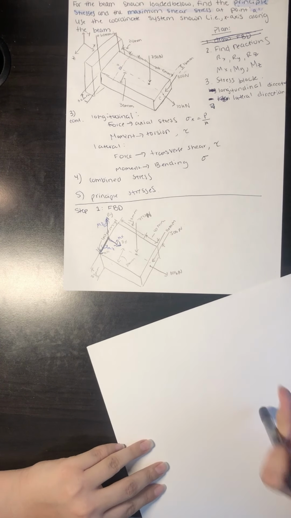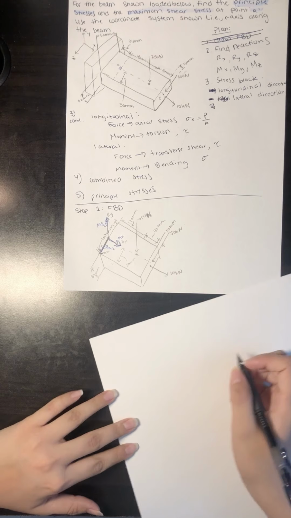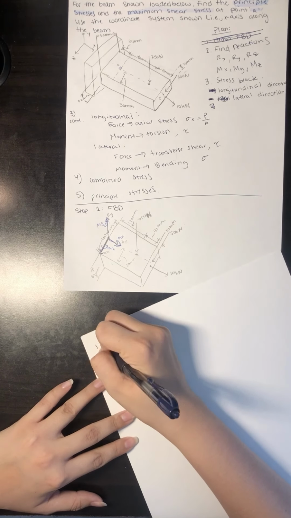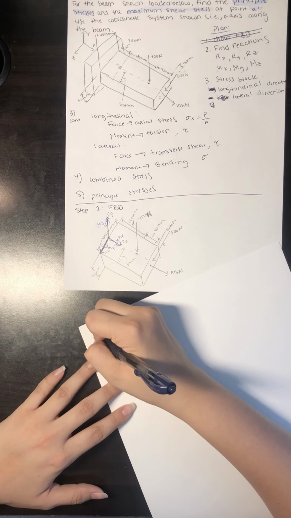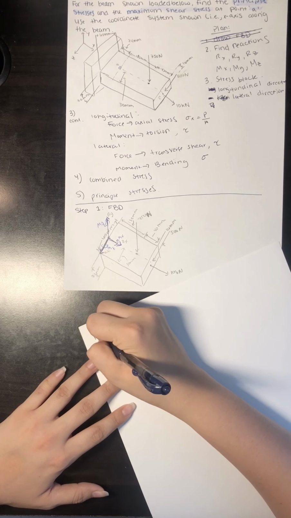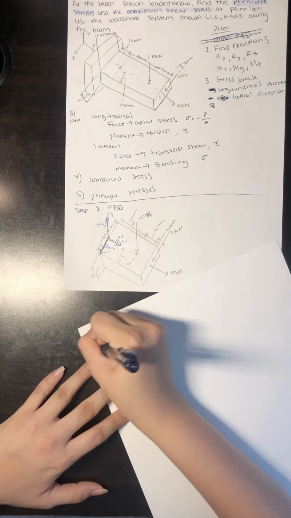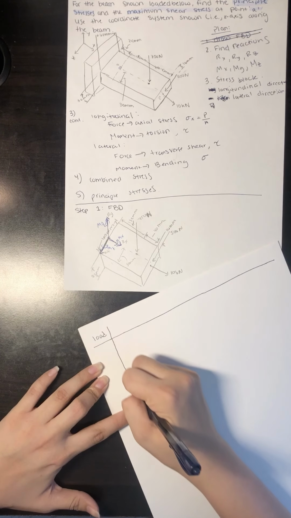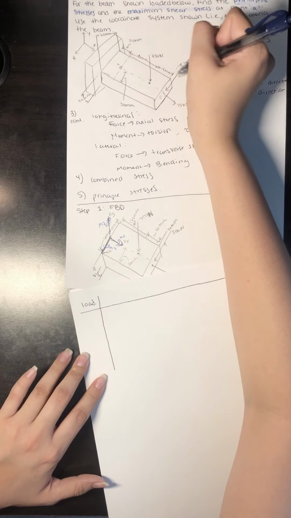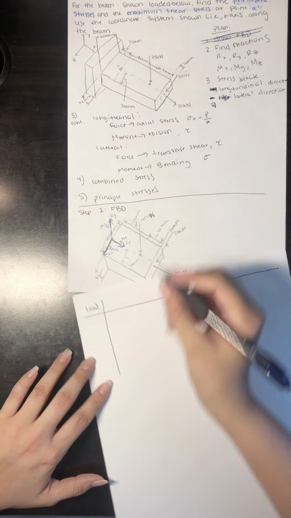So now to find the reactions, we need to use the R vector and the force vector to find the moment vectors as well. So I'm just gonna do a little chart here to make it easy and organized to reference. Alright, so right here we have 1, 2, 3 loads, as we can see from our diagram.